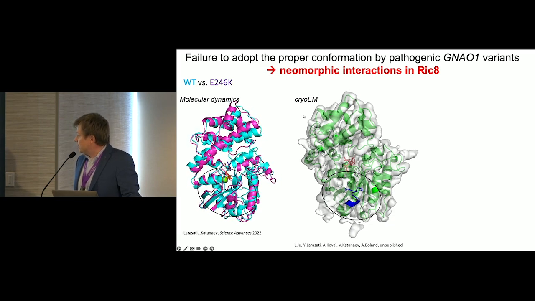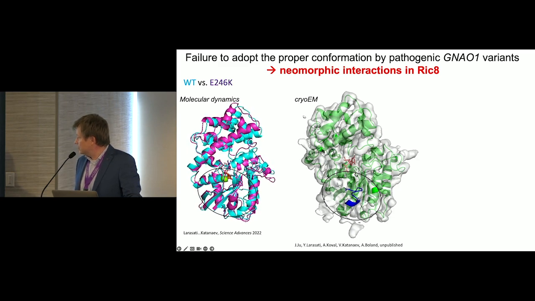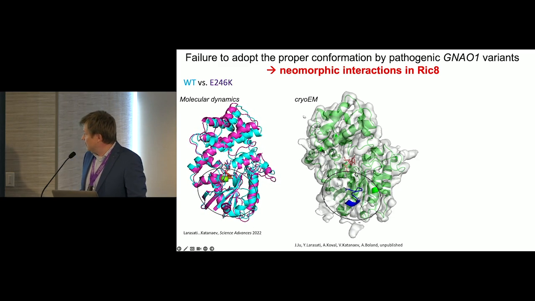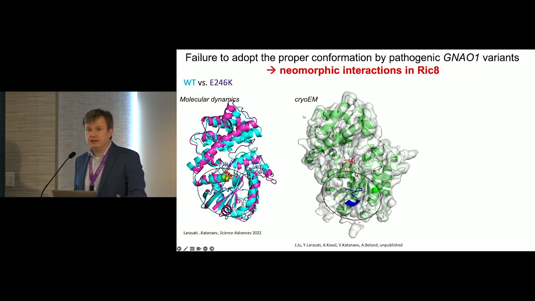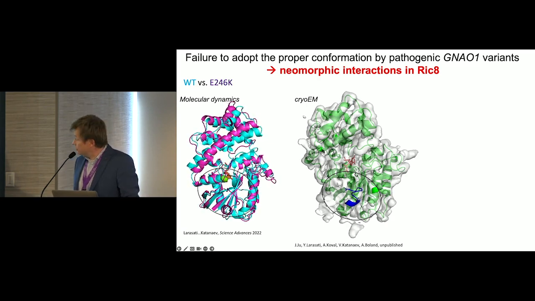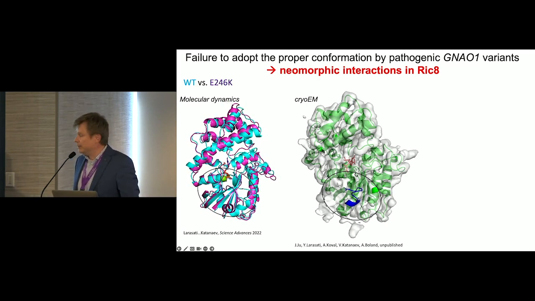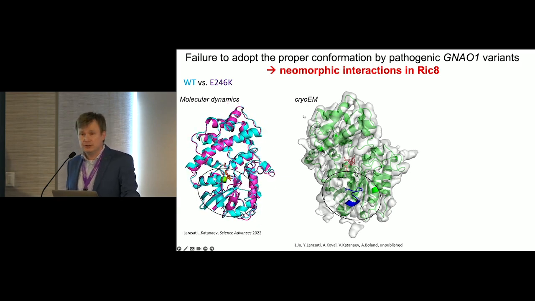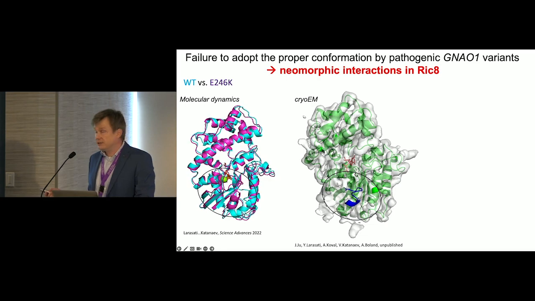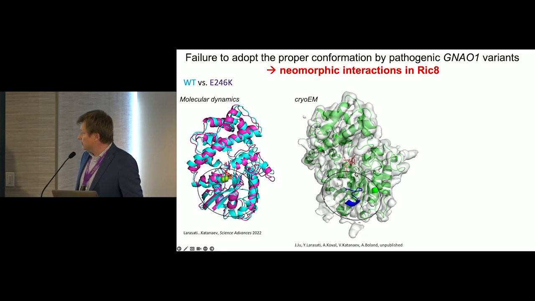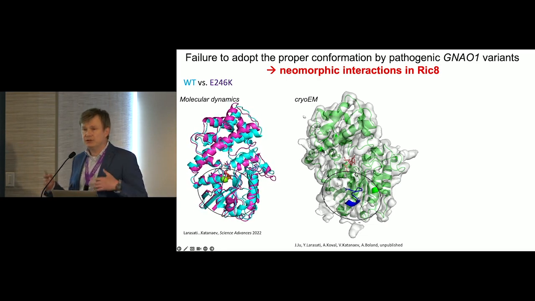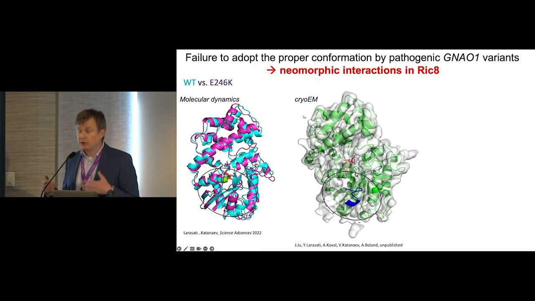So basically, this loop, the catalytic loop, and the alpha helix which follows, the model shows the structural crystallographic data, but actually this loop is not resolved in the cryo-EM. Everything is resolved, but this region is not. So this suggests now, not just by molecular dynamic simulations, that in the mutants this region is not folded or is very flexible.